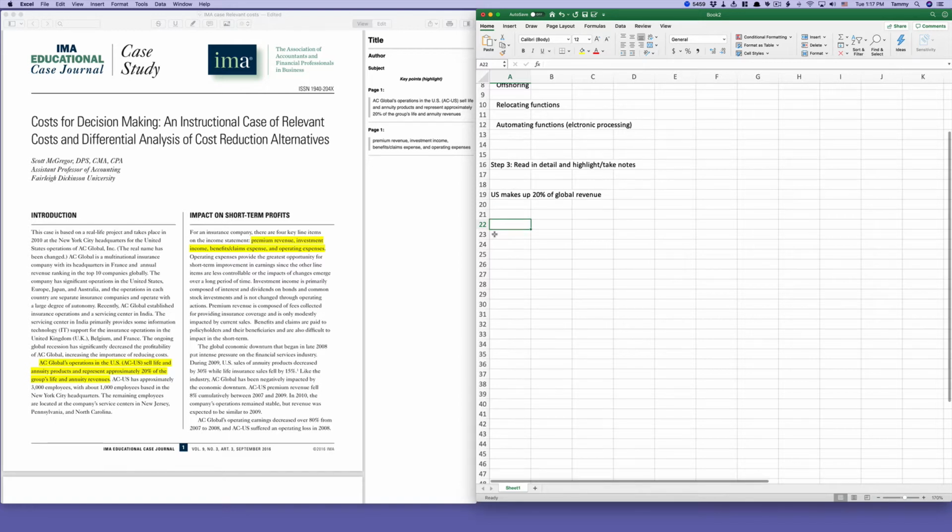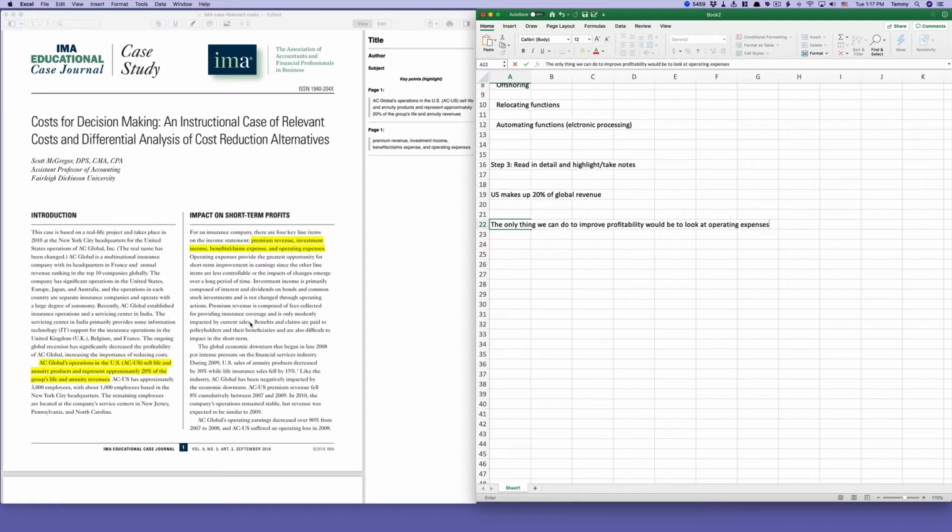What they mean by that is that the premium revenue is ongoing. So if you buy an insurance policy, you keep paying on it over time. And benefits and claims are paid to policyholders and their beneficiaries and are also difficult to impact in the short term. Okay, so this is all to say that the only thing we can do to cut costs or to improve profitability would be to look at operating expenses.